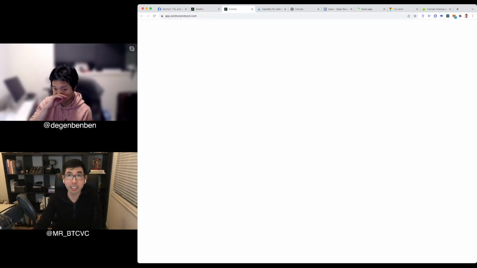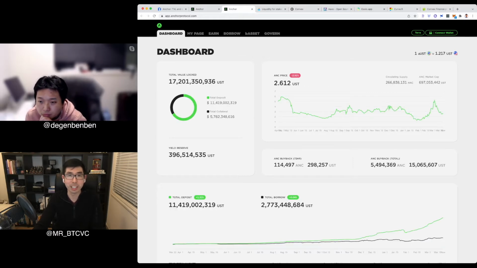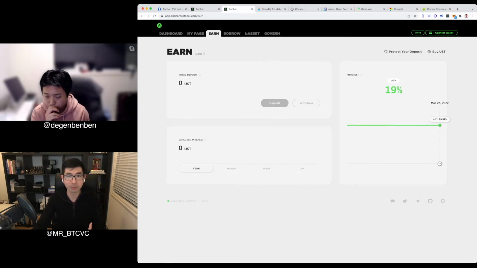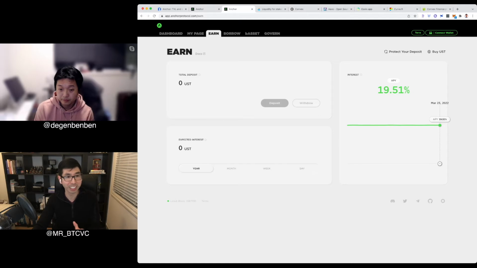It's essentially just a borrow and lend platform, but they only do one thing. Well, okay, they do more than one thing, but you can deposit UST with them and earn interest. So they have an earn protocol. You deposit and you can get a high, industry-leading APY.